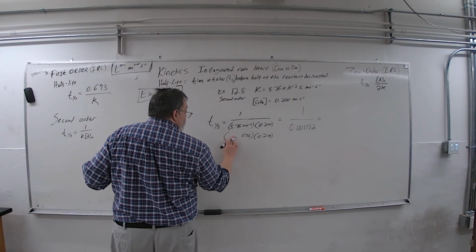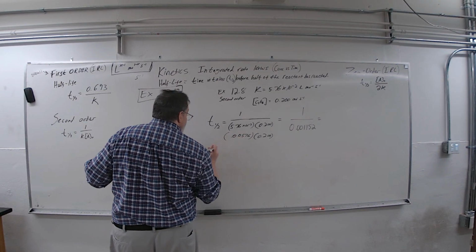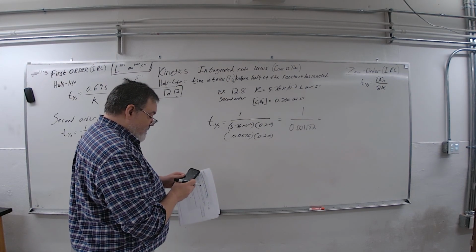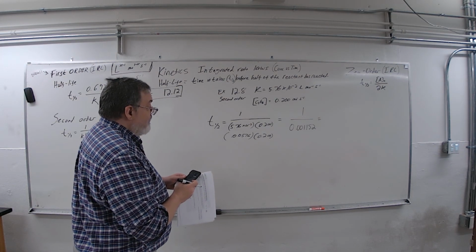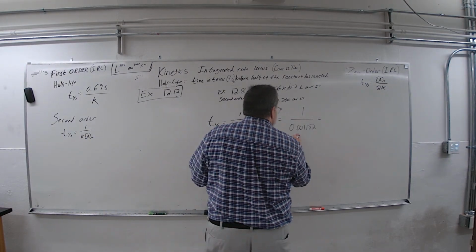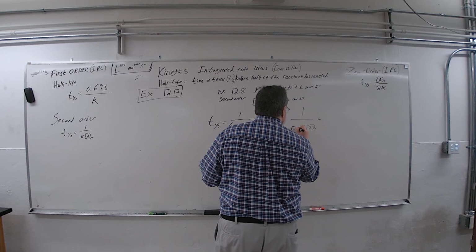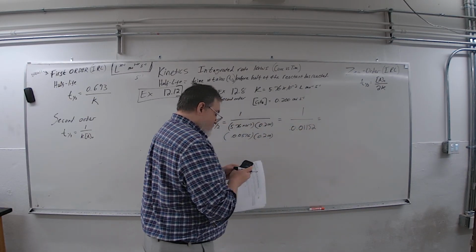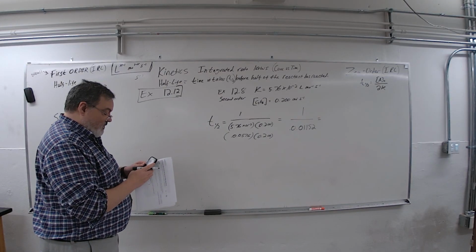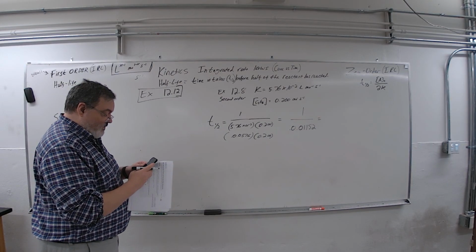I had an extra 0 there. Times 0.2. 1 divided by 0.0115.